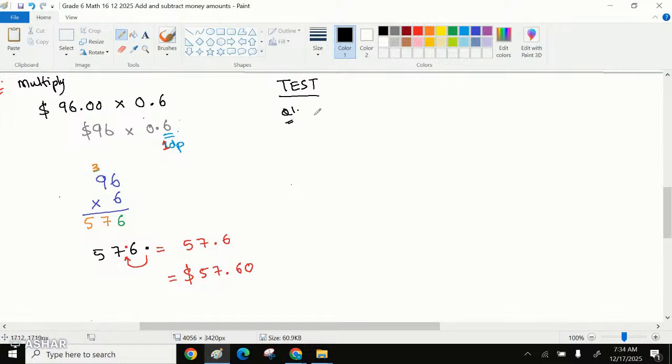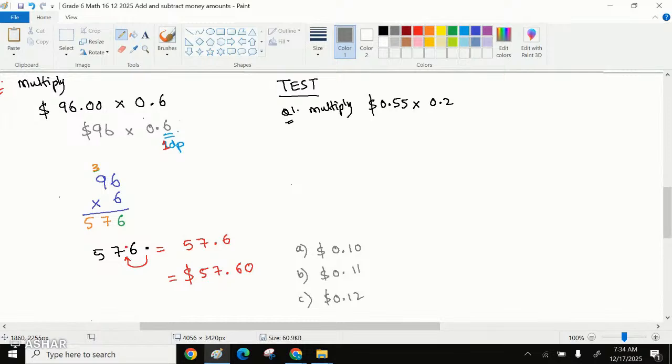The first question from the test says, multiply dollars 0.55 by 0.2. And the options we have are: the first option is dollars 0.10, option B is dollars 0.11, and option C is dollars 0.12.